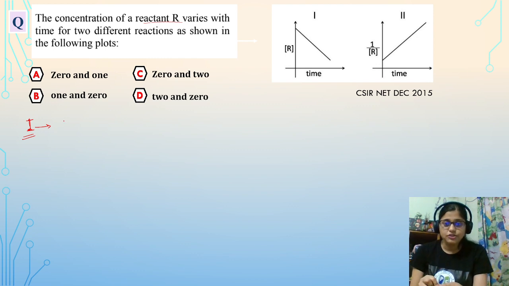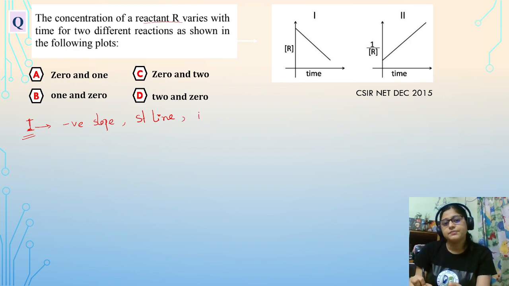So for the first plot we can write: negative slope, and of course it is a straight line with an intercept present.